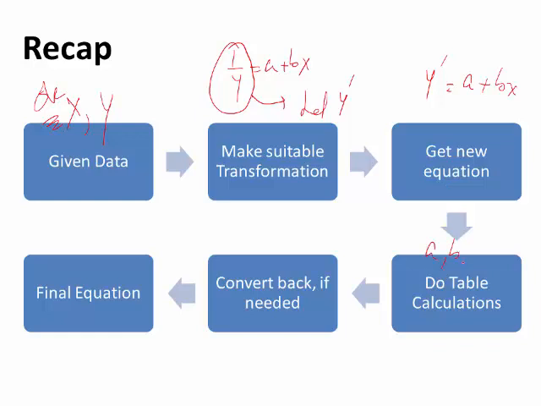Here we find a and b as usual, as we did in many other cases. Here we don't need to convert it back as far as these coefficients are concerned. So we can use these values in 1 over y equals a plus bx.